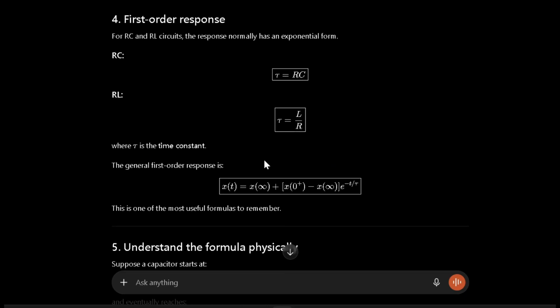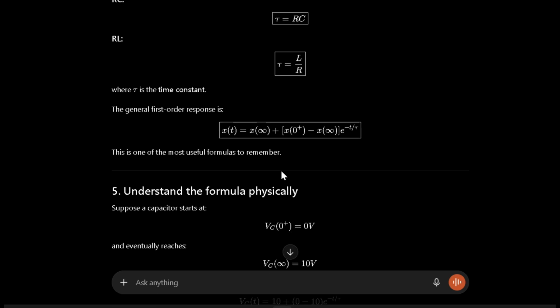The general first order response is x of t equals x of infinity plus x of 0 plus minus x of infinity, times e to the power minus t by tau, where tau is the time constant. Here x of 0 plus is the state after switching on, and x of infinity is the steady state after a while. This is one of the most useful formulas to remember.